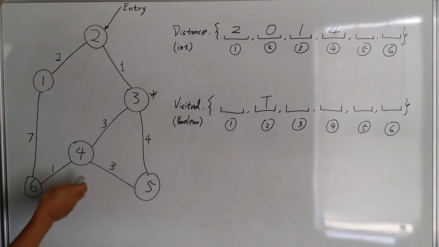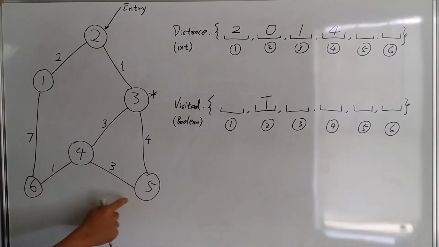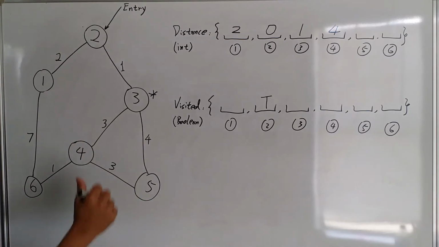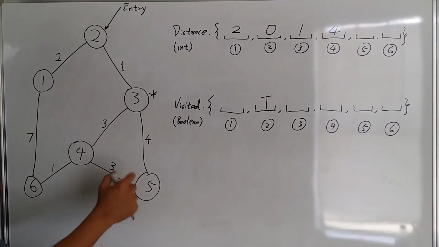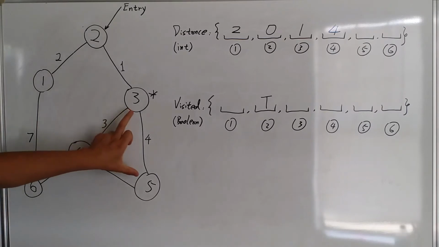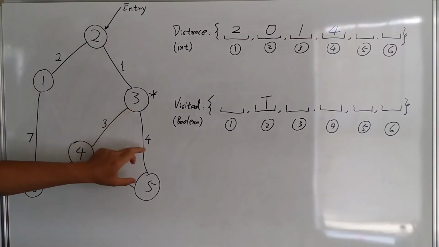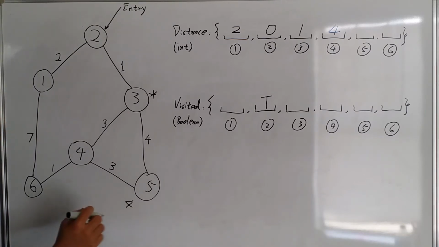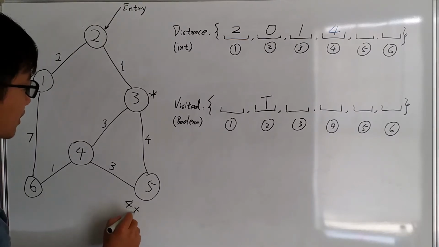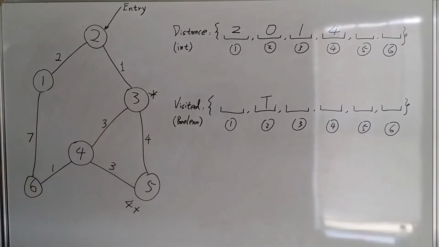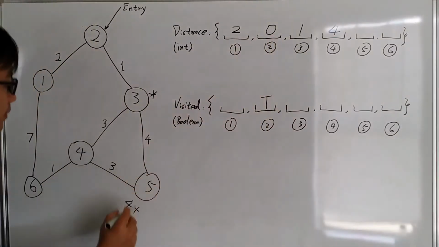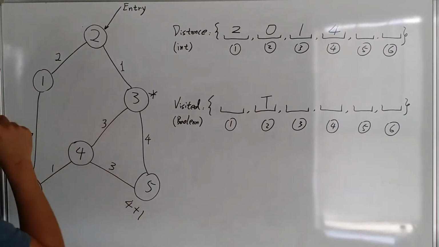Now we go to check 5. The 5 is the neighbor of 3 as well. What's the distance for 5? Between the two nodes, the distance is 4. So we put 4 here, and then we add the distance at this point, which for 3 is 1. What's the meaning of the distance at this point?